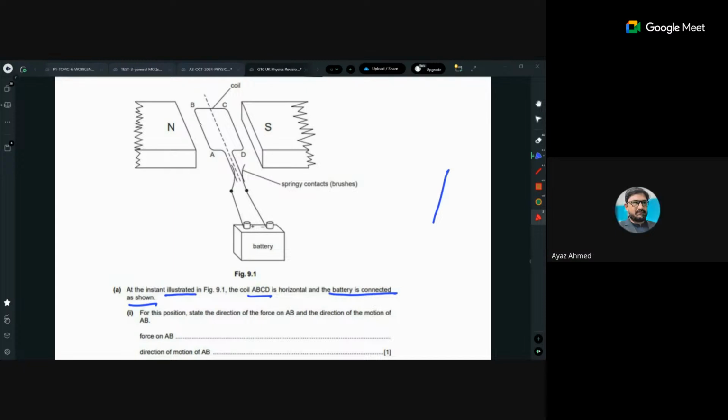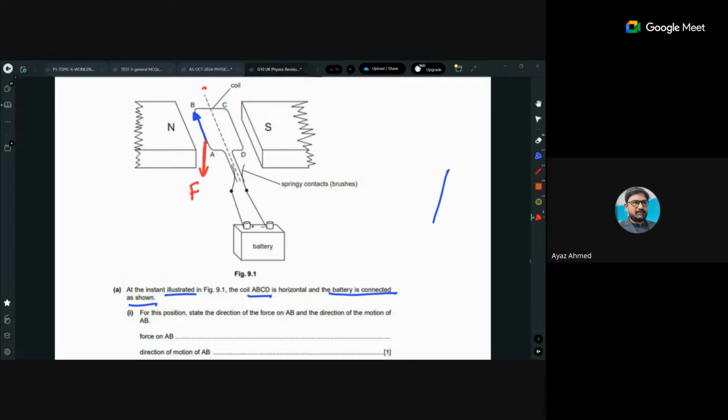Okay, the current, where is it going from and to? The current is moving in this way, from B to A. If I want my index finger to be pointing in that direction, and I'm using my left hand, I would have to turn my hand, and the force is downwards. Yes, exactly.